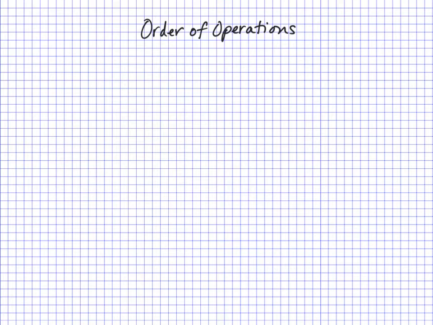Why do we have the order of operations? Why? What's so important about it? What is it? Well, in order to say that mathematics is the language of the universe, we all have to be speaking the same language, right?